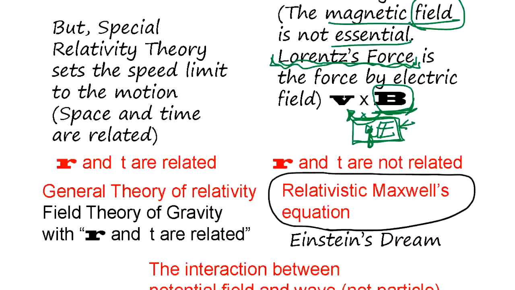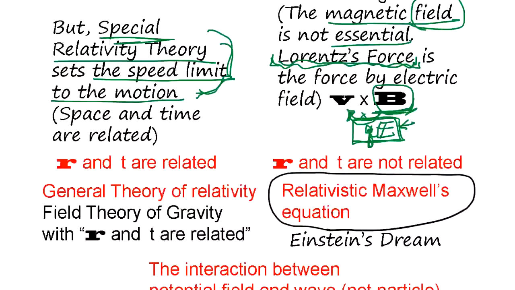Einstein's relativity theory, special relativity, sets a speed limit to motion. And this was new. In order to set the speed limit, the inevitable result is that space and time are not independent variables. They are related. Okay?